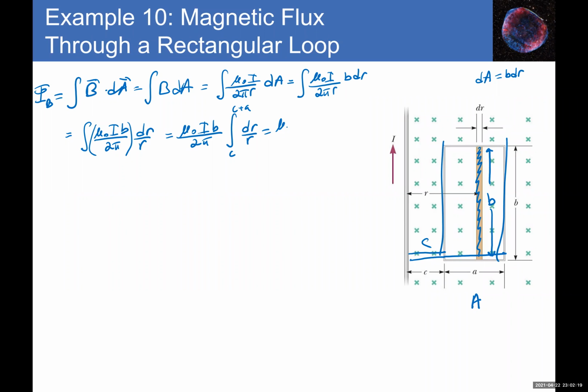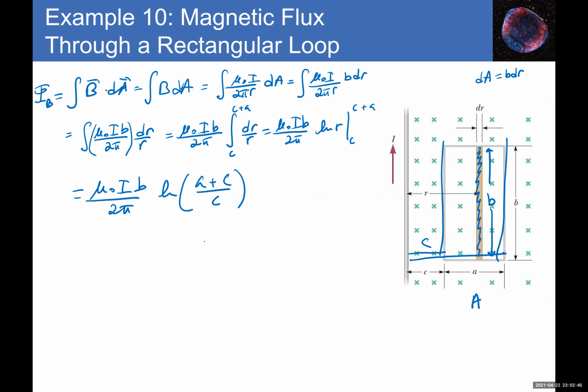So we have mu naught I b over 2 pi, and the integral of 1 over r is ln of r, evaluated from c to c plus a. That gives me mu naught I b over 2 pi, then ln of (a plus c) divided by c.